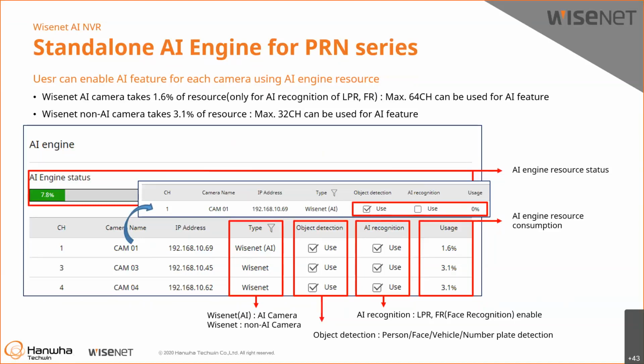So if you are using only object detection with an AI camera, it will not take any resource from the AI engine. But the main reason for using this PRN AI MVR, of course, is using the non-AI camera as an AI camera. So if you are using a non-AI camera, then it will take 3.1% of the AI engine resources.